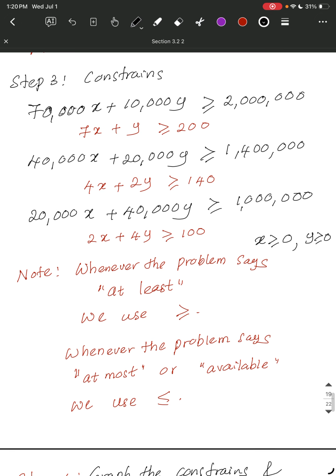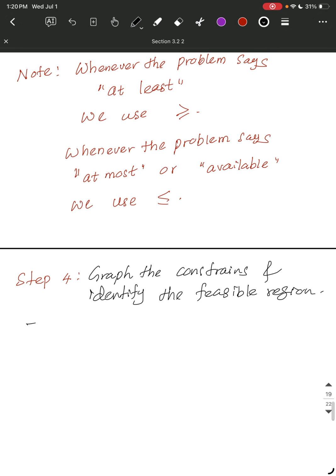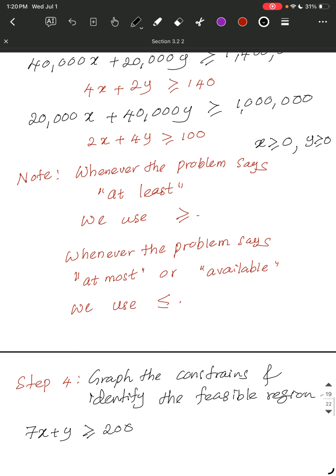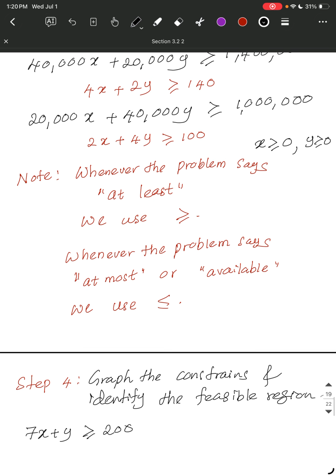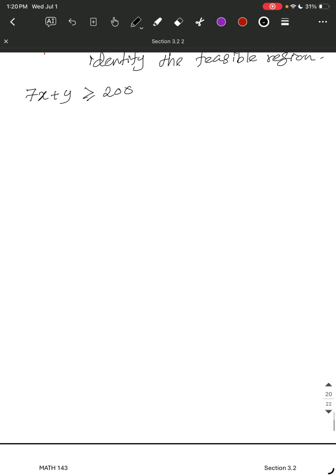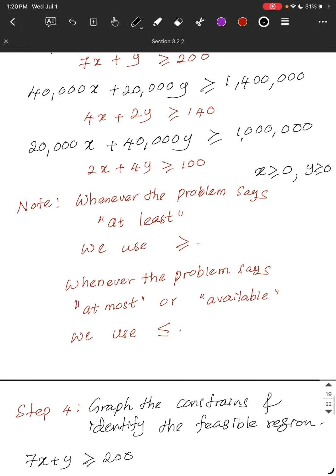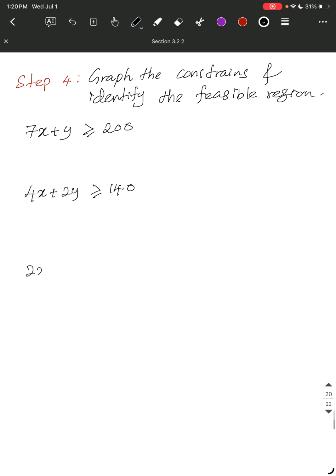First one, 7x plus y greater than or equal to 200. Second, 4x plus 2y greater than or equal to 140. Third, 2x plus 4y greater than or equal to 100, and x greater than 0, y greater than 0.